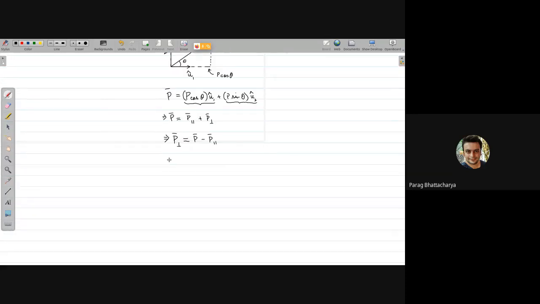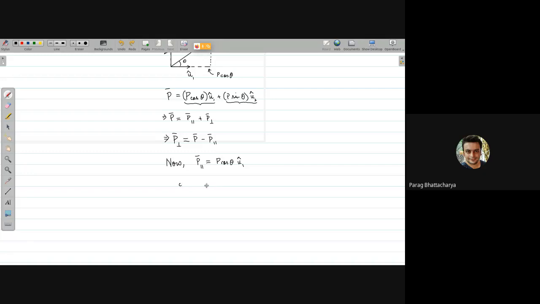Now, this parallel component, p parallel, how can we write this? This parallel component is simply p cos theta into u1 cap. So how do you get this cos theta?